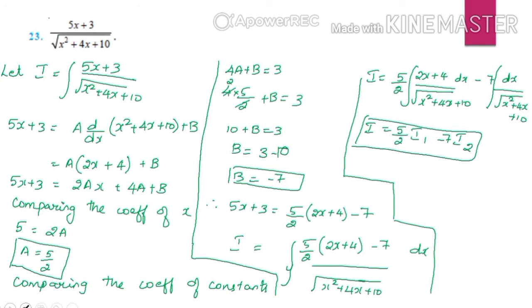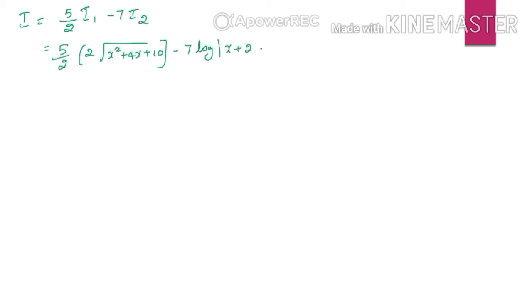Applying it here, I is equal to 5 by 2 times I1, which is 2 square root of x square plus 4x plus 10, minus 7 times log modulus of x plus 2 plus square root of x square plus 4x plus 10, plus c.